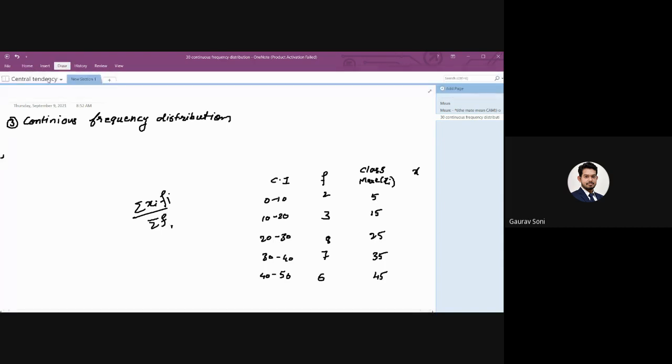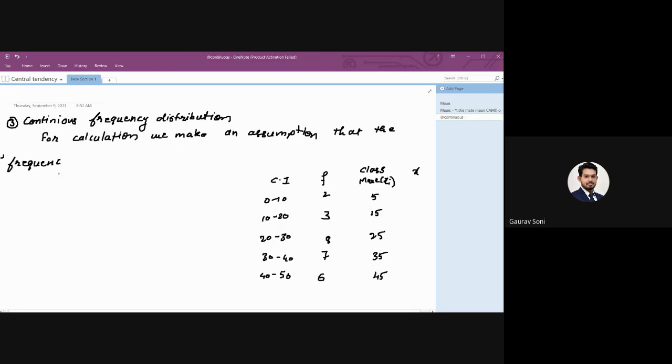So for calculation, we make an assumption that the frequency is associated with the midpoint.